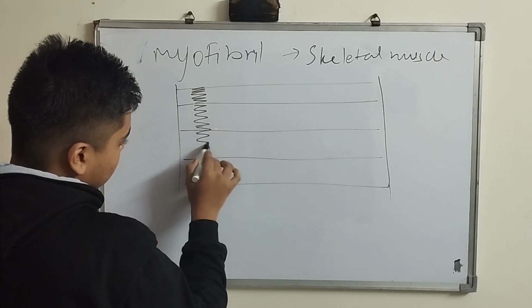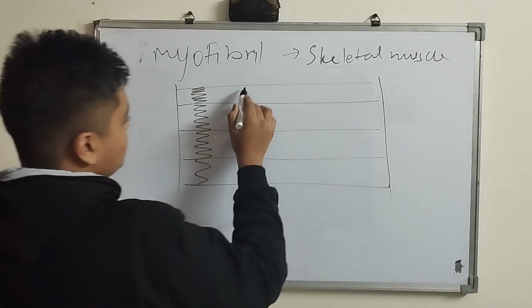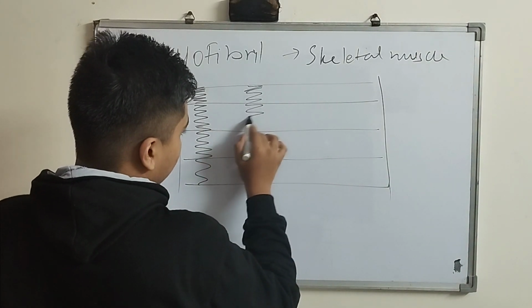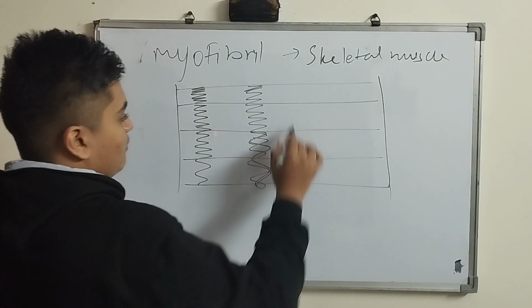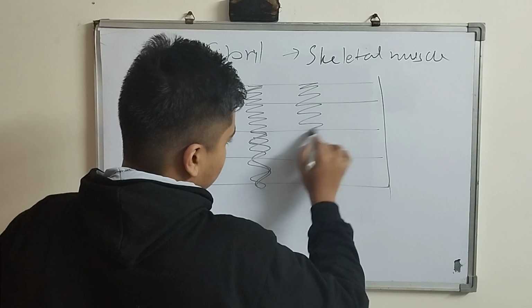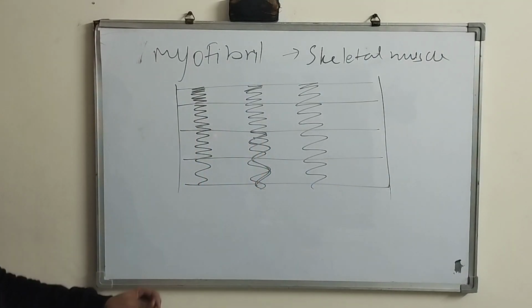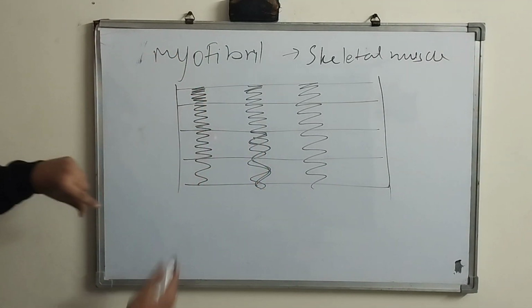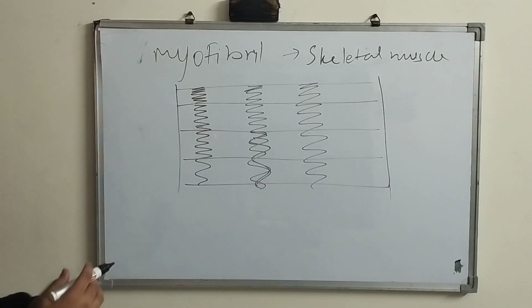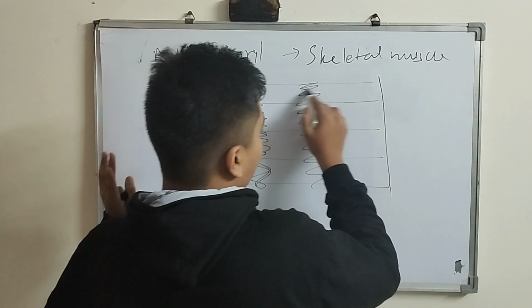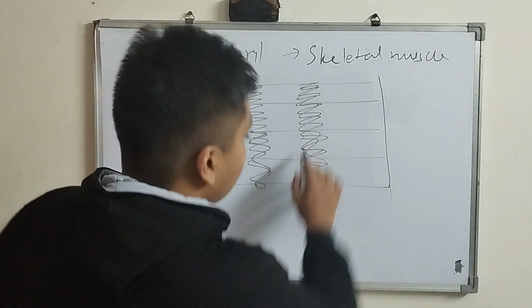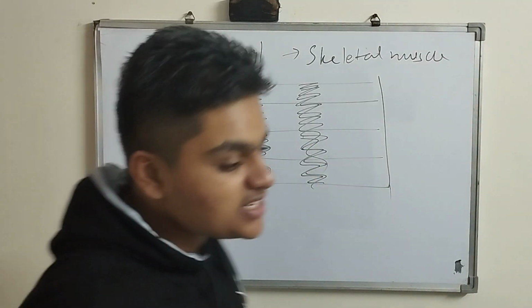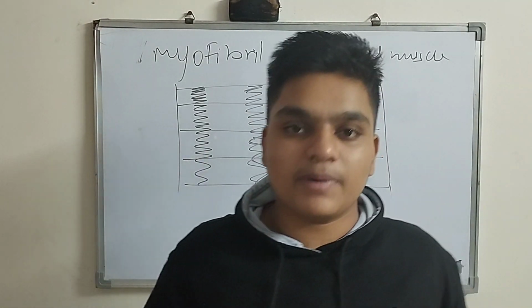Dark bands and light bands, and these striations form uniformly throughout the muscle fiber. Hence, the muscle fiber looks striated in the skeletal muscle's case, and that is why we call them striated muscles or striped muscles.